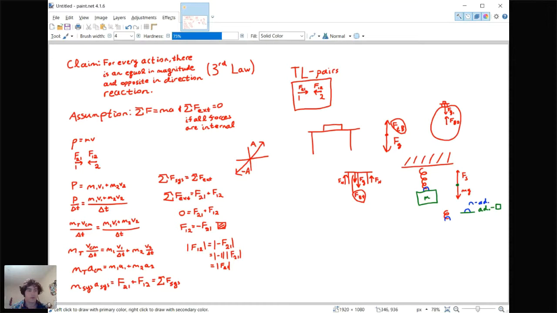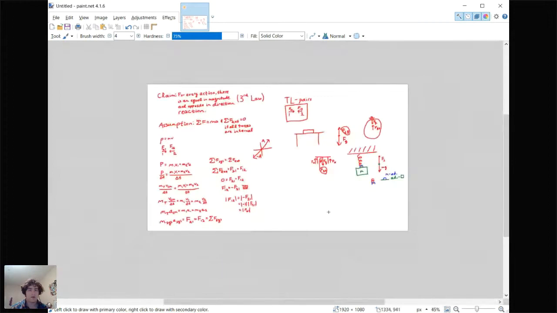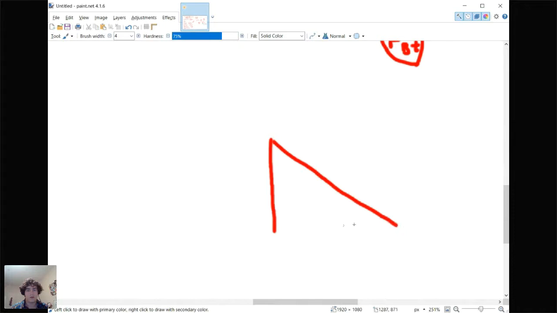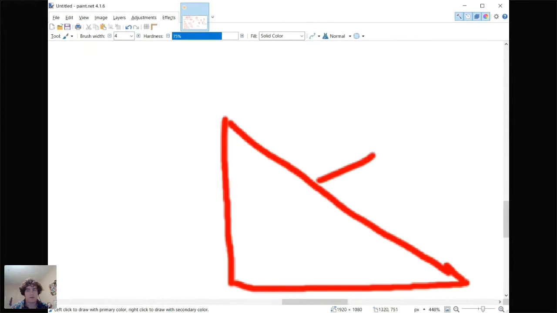So when we talk about something like a box on an incline, which you'll start seeing later, it's definitely not perpendicular.